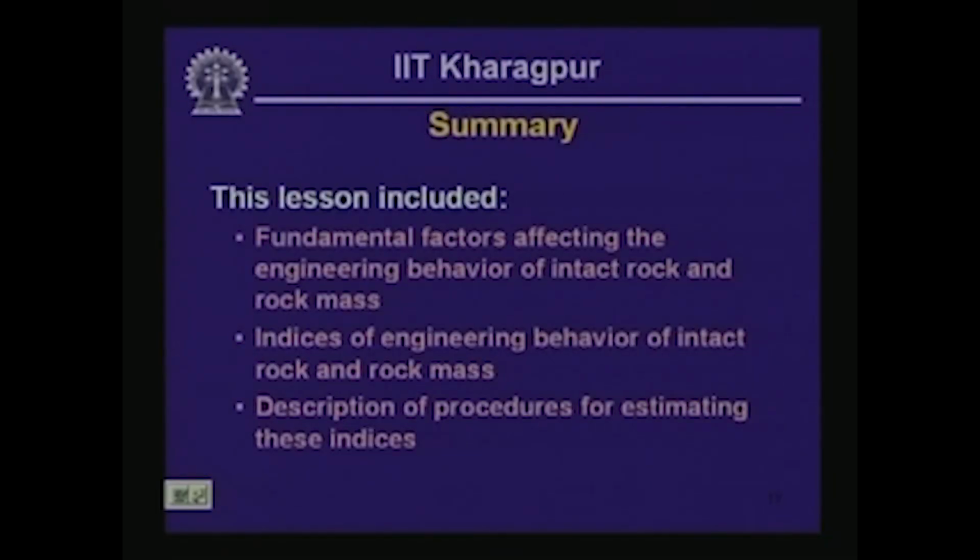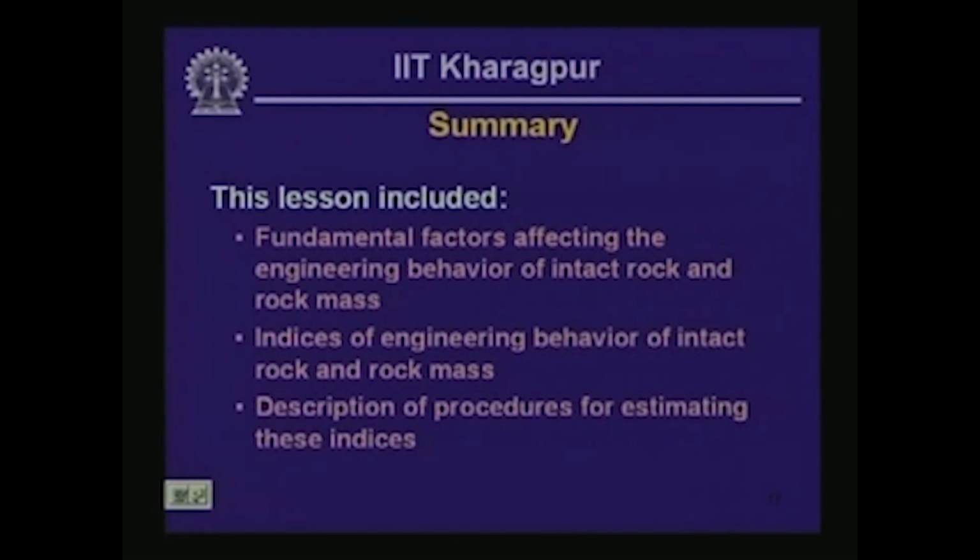Okay. What we learnt in this particular lesson: we looked at the fundamental factors that affect the engineering behavior of intact rock and rock mass. We considered indices of engineering behavior of intact rock and rock mass. For example, we looked at RQD, we looked at the UCS, we looked at the recovery ratio.